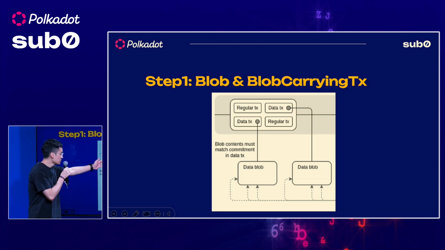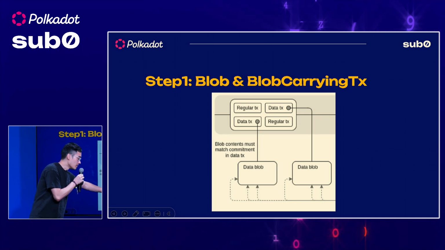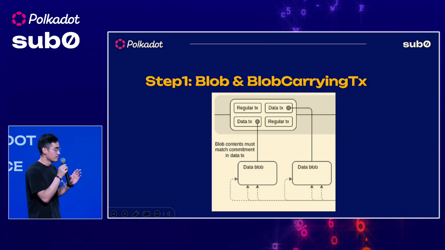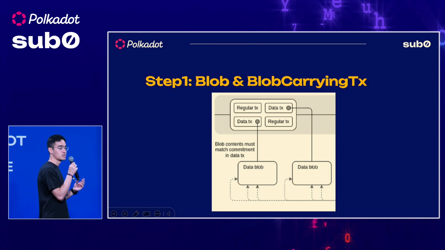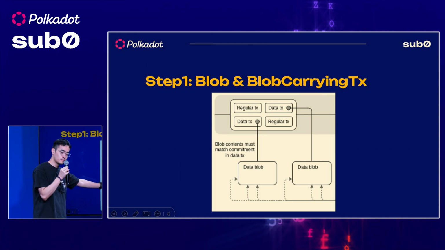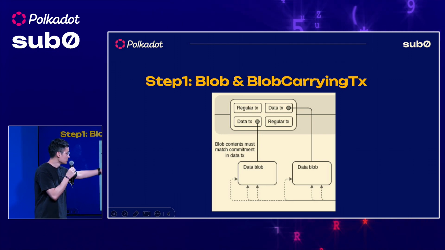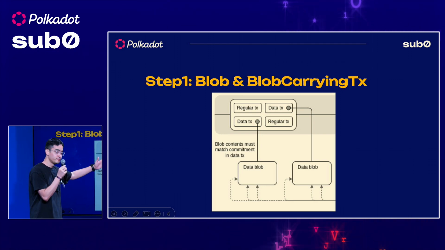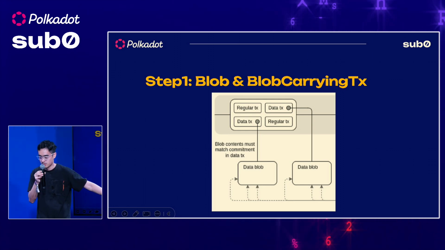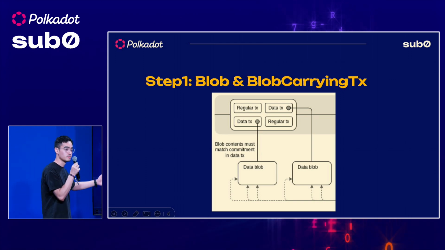In this transaction, users can attach a data blob, which acts like a data space for transaction data and generic data. The data put in this blob acts like a sidecar attachment to the data transaction. And the full nodes or validators will only keep this blob and verify this block for about 1 or 2 weeks. And they will discard this blob.